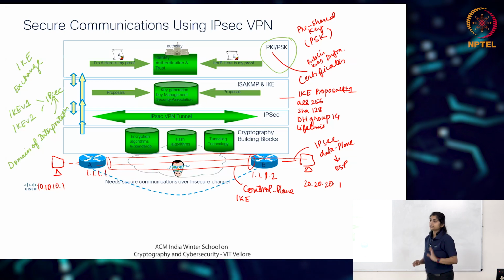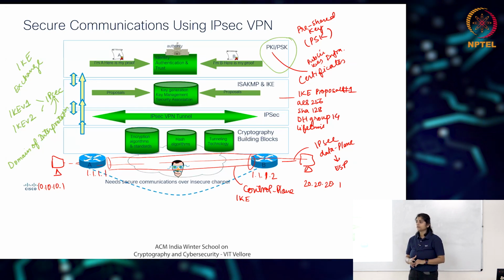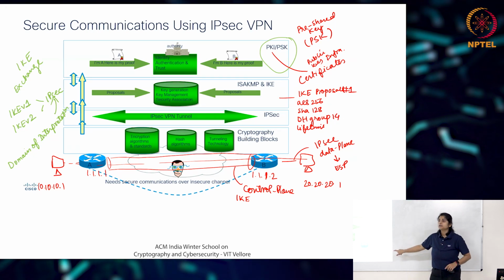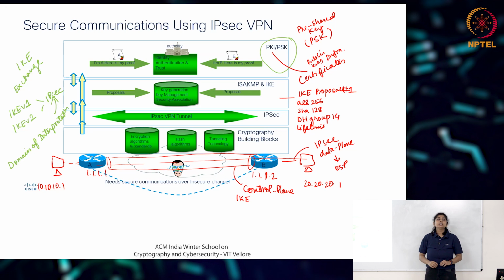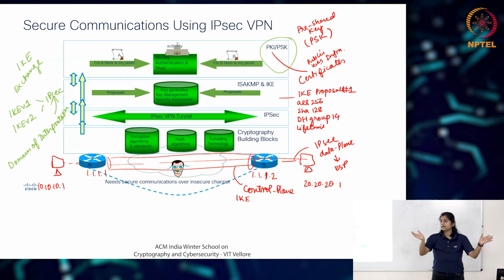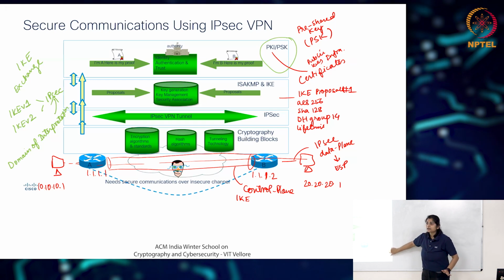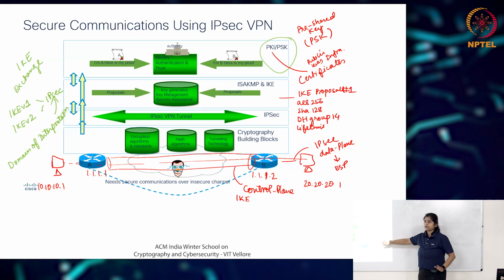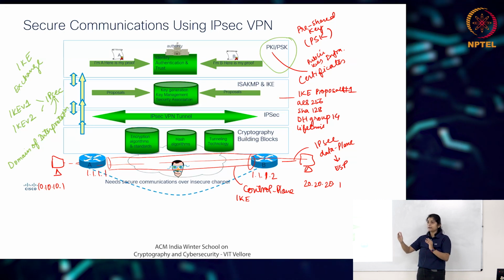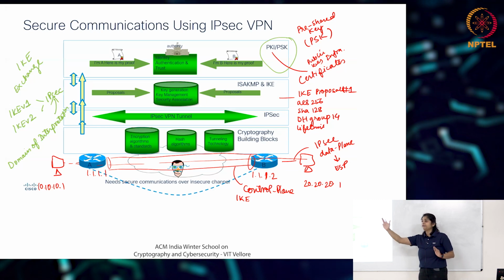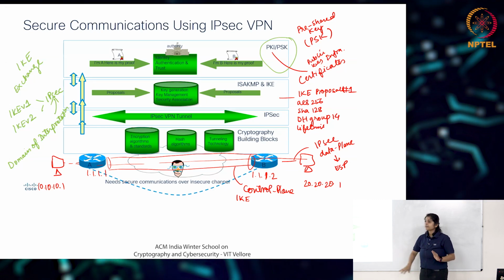This is portless. This guy is portless, so it needs someone to carry it between these two devices. This is actually the most important protocol, but it's encapsulated within IPsec. It is part of IPsec. So there are protocols 50 and 51, ESP.